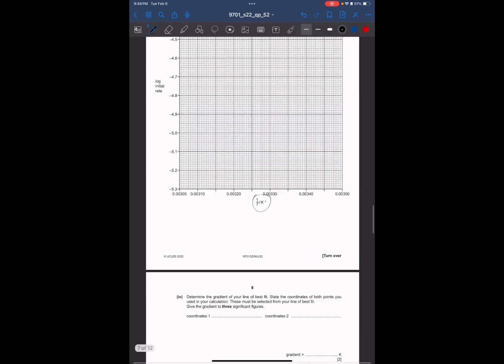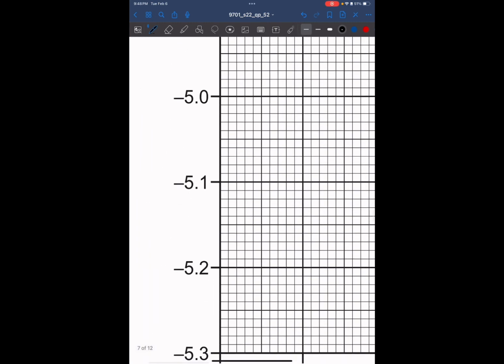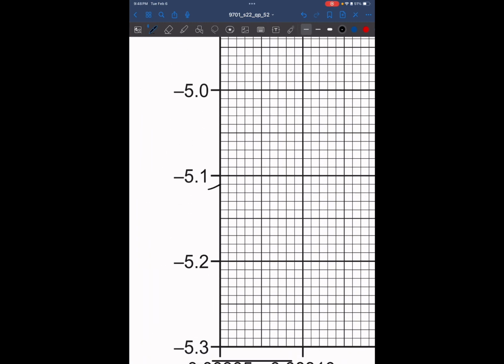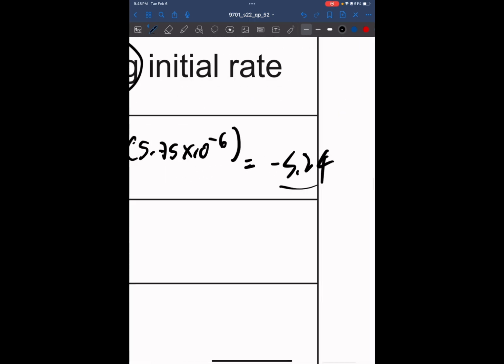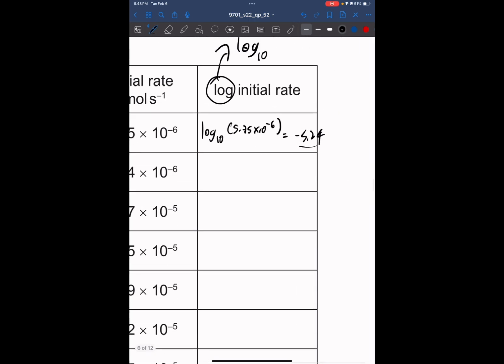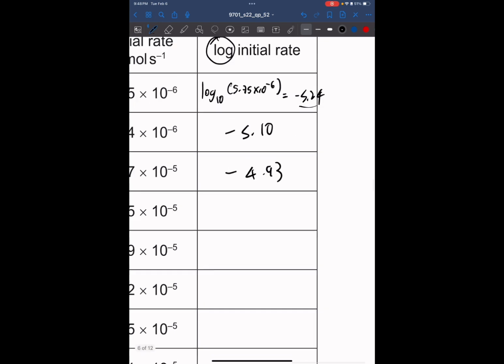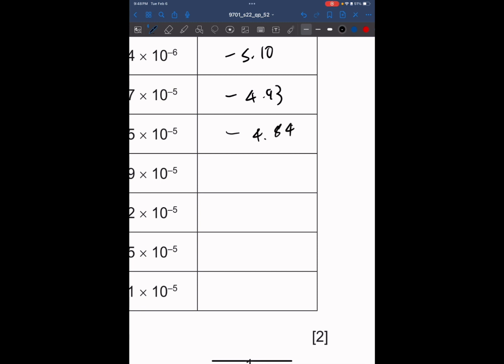Again, I would round it to 3 significant figures because our graph is going to be accurate up until the second decimal place. So I would also round it to the second decimal place here. Again, I've already calculated this as well, and we're just going to plug that in. Minus 4.43, minus 4.28, and minus 4.20.